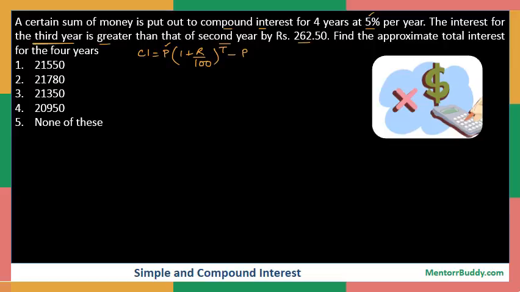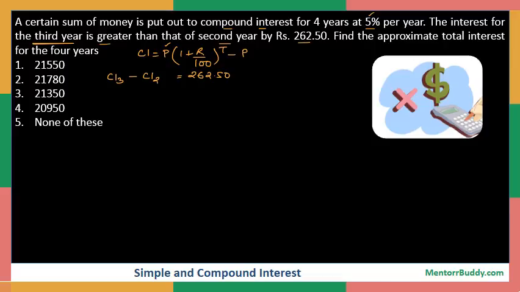so interest for third year is greater than the interest for second year by 262.50 rupees. So if I calculate the interest for 3 years, and then subtract the interest for 2 years, we will be getting 262.50 as the subtraction amount.